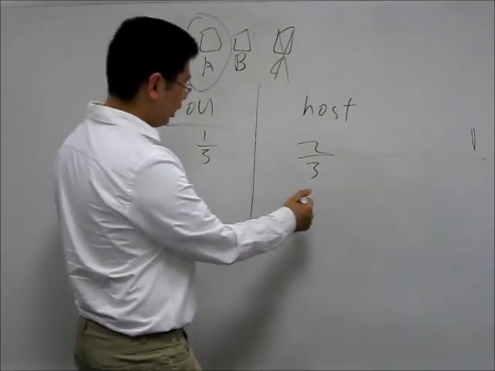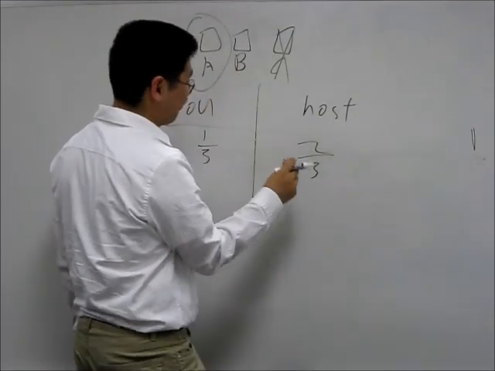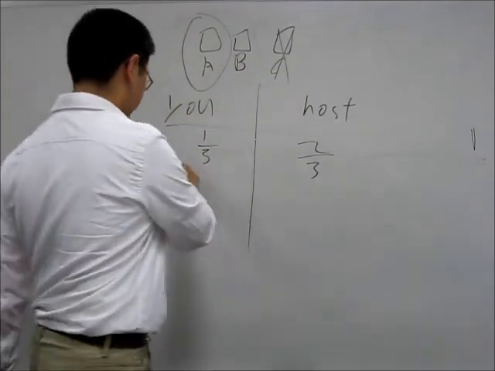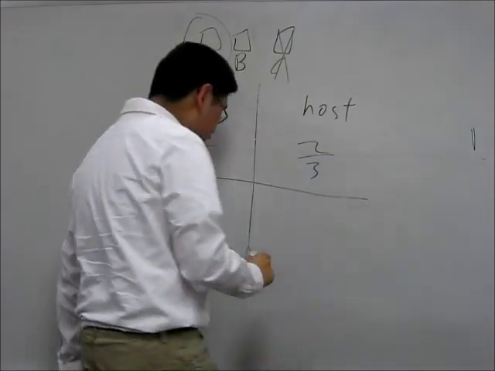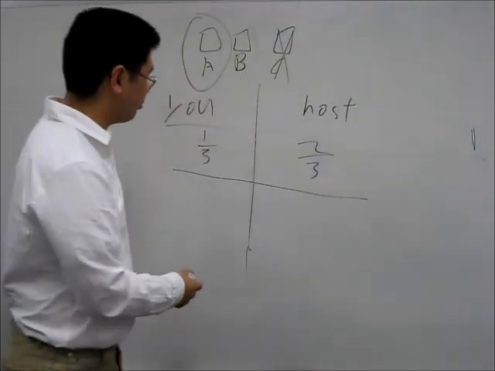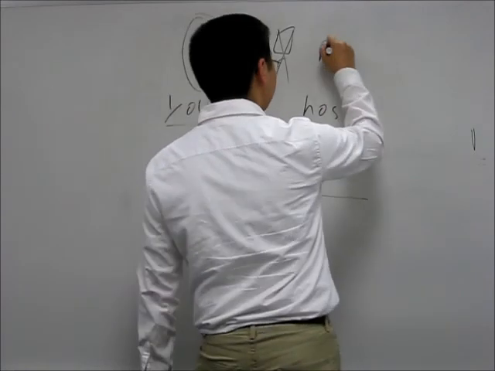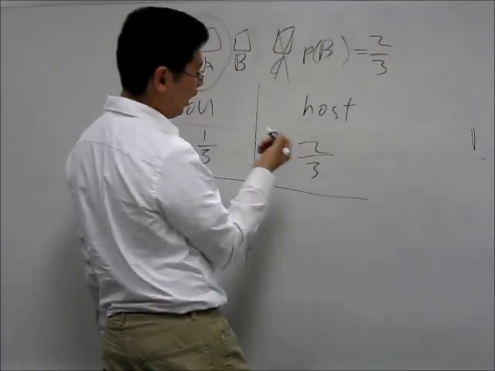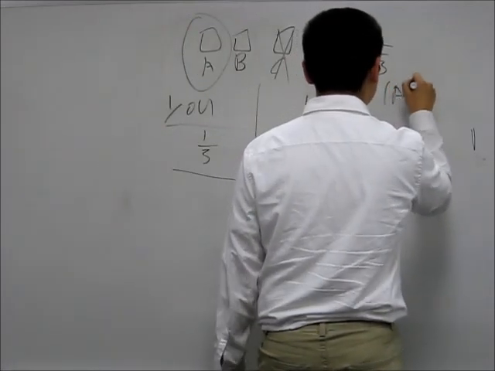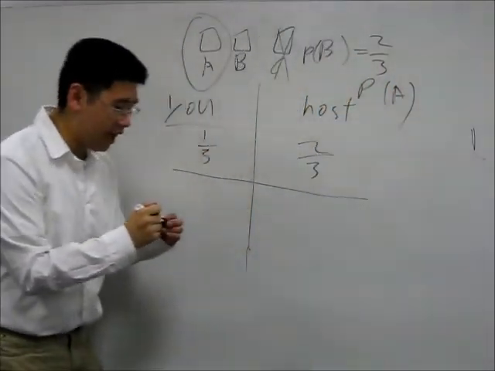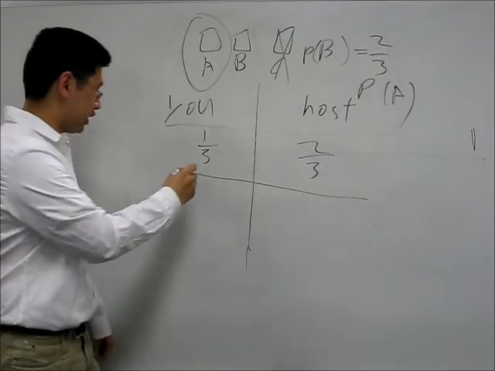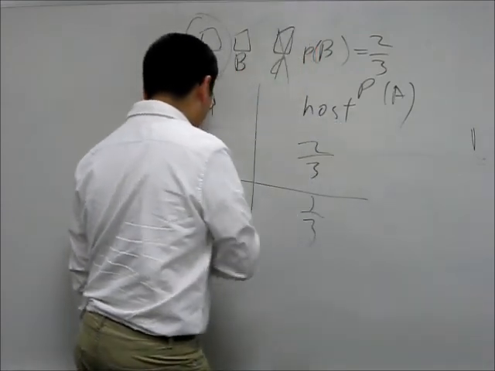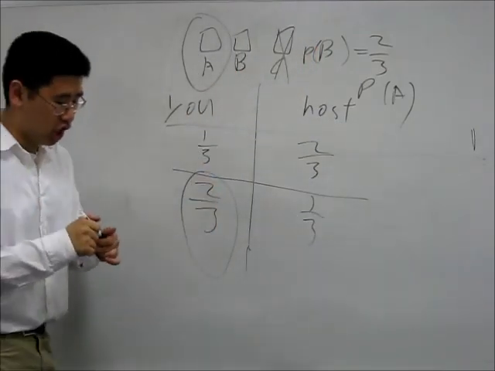But note that all the 2/3 chance of having the car is now located in B. So in this case, you will want to switch, because the probability of B having the car is now 2/3, while the probability of A having the car is still 1/3. If you switch, you are going to have 2/3, while the host only has 1/3. That means you have a higher chance of having the car.